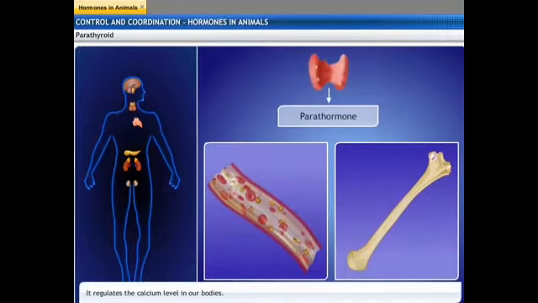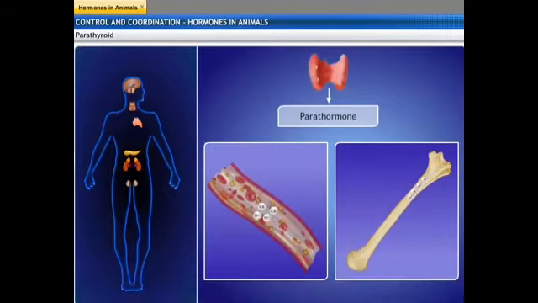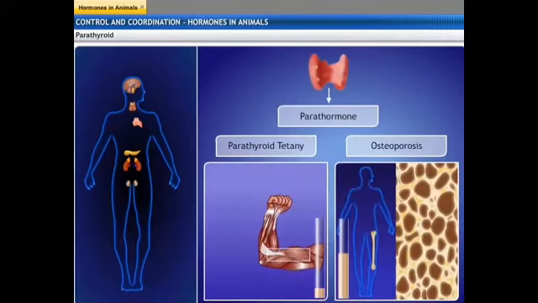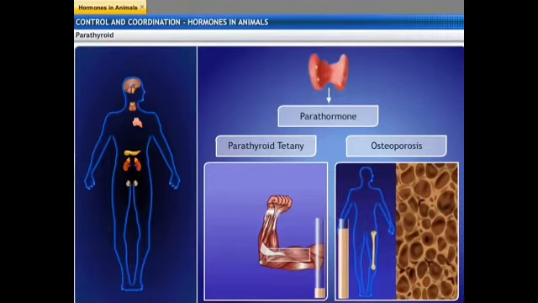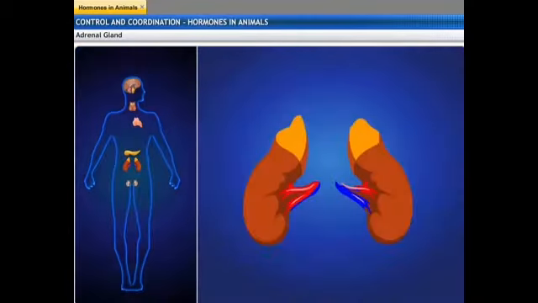So the blood and the bone development basically takes place because of the release of the hormones. If it is there in lesser amount, these are the various diseases which it affects, that is the parathyroid tetany and the osteoporosis.